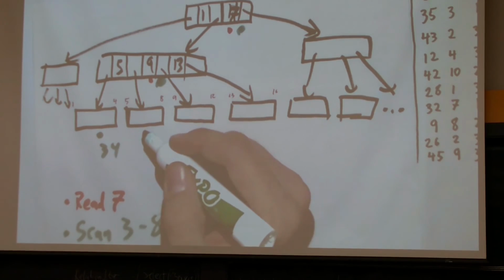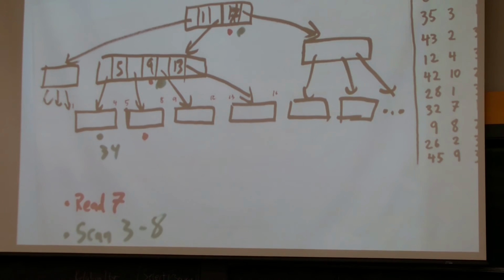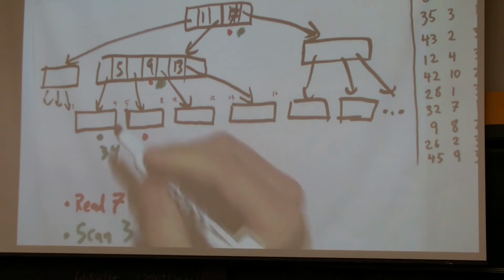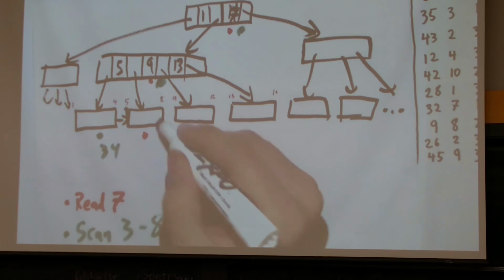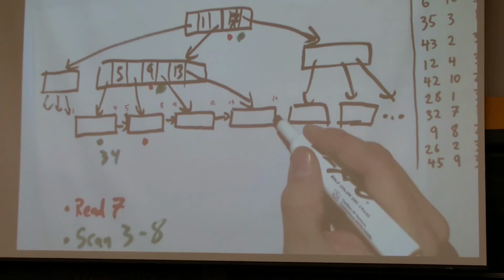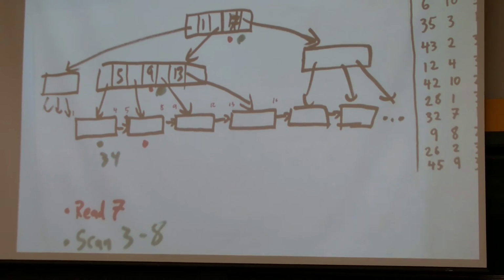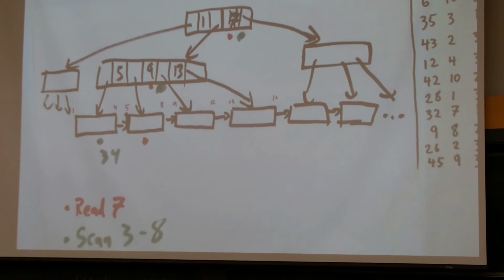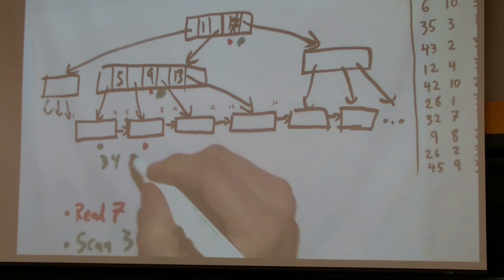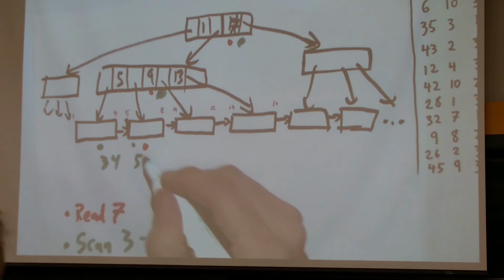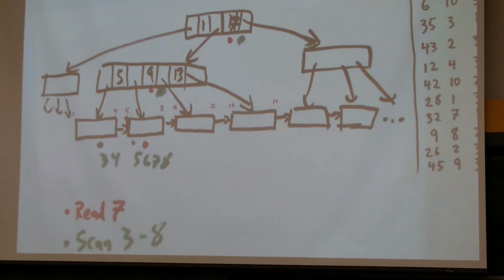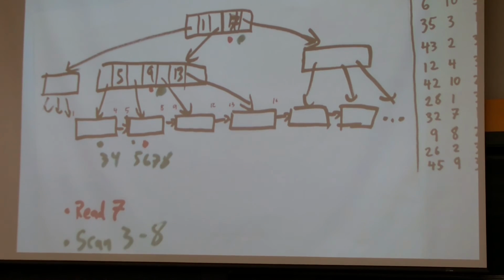Now I can go to the next page. Usually you'd store a B tree with a linked list between pages. So you go to the next page, you have to load that in. That gives you 5, 6, 7, 8, and you're done. You've loaded in 2 pages.